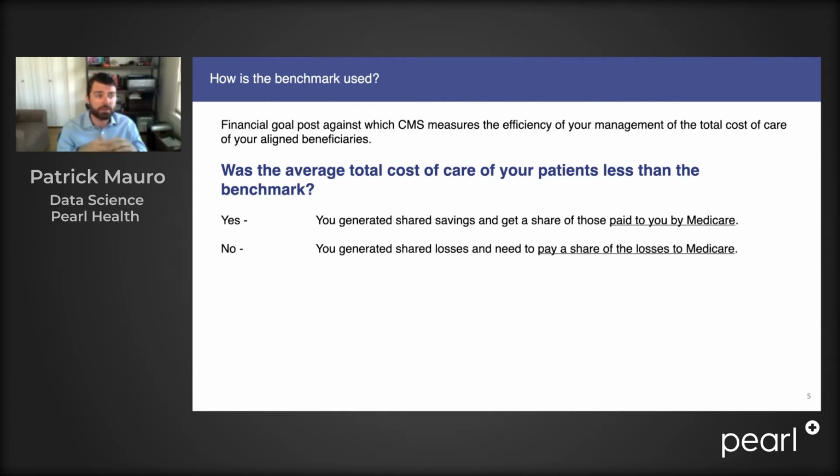If the total cost of care for your patients was higher than the benchmark in the year we're analyzing, the performance year, then you would have generated shared losses, and you would need to pay some of those losses back to Medicare. However, what we're hoping will be achieved is that your total cost of care is lower than this benchmark because of efficiencies of care and some care management techniques, in which case you would generate shared savings, and some of those would be paid to you by Medicare as a bonus.